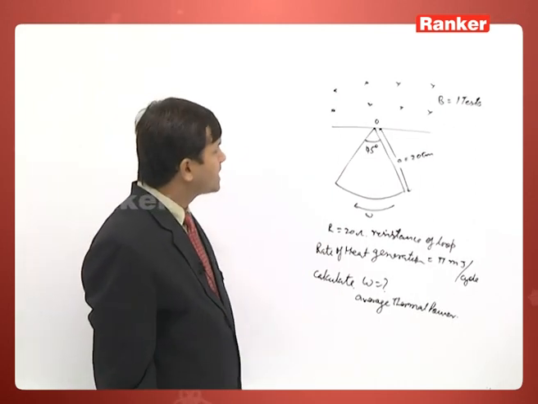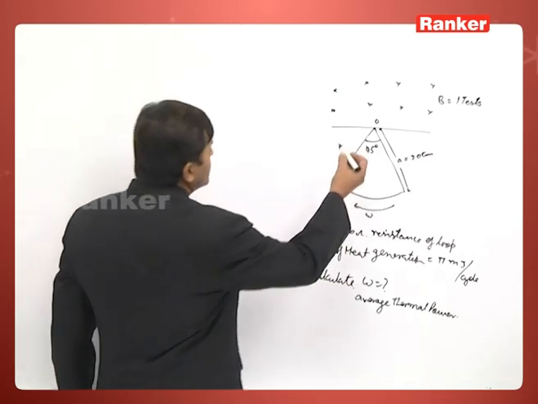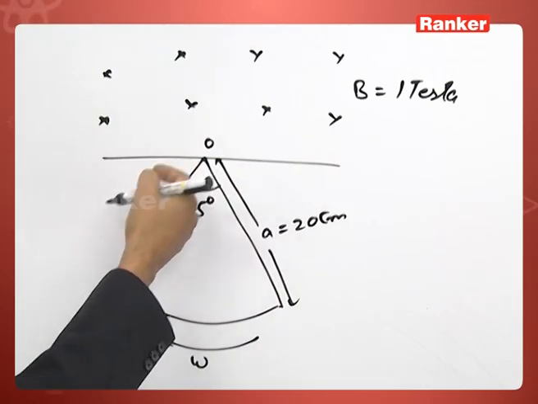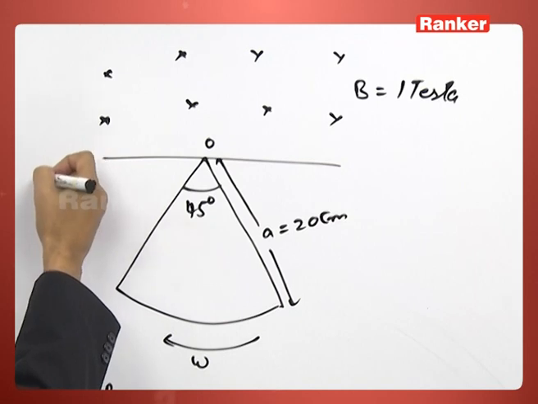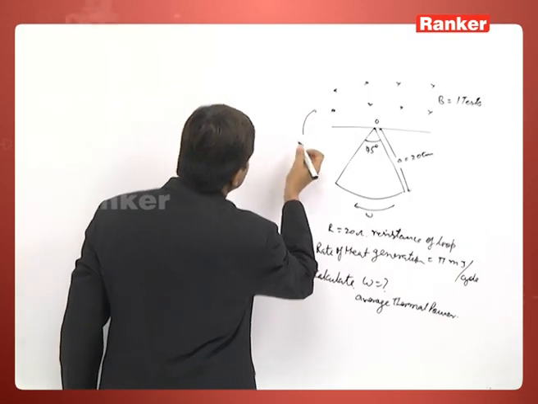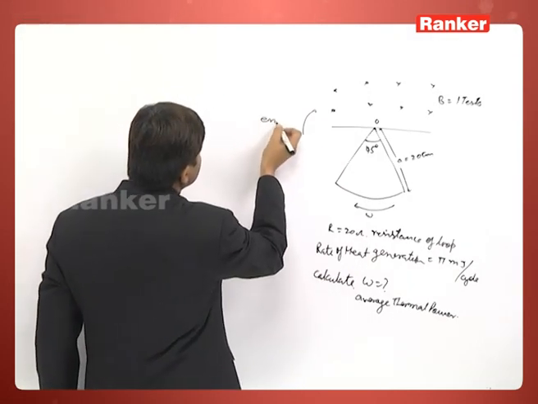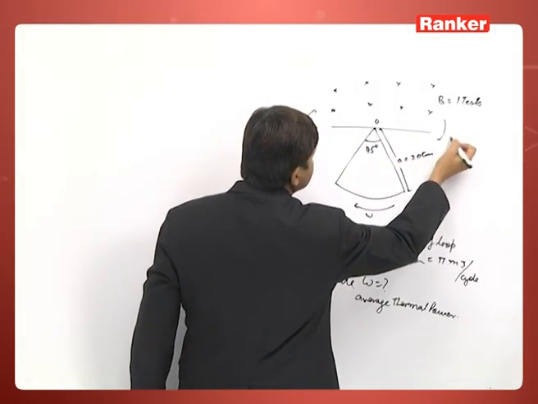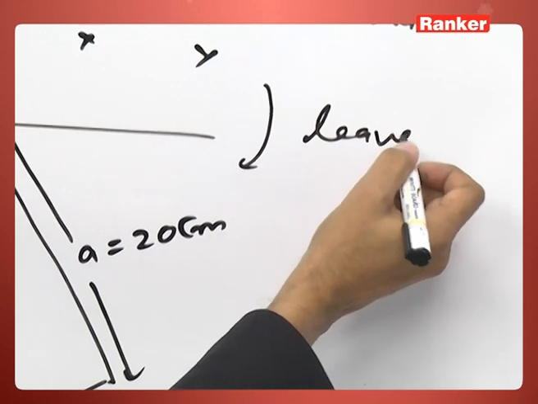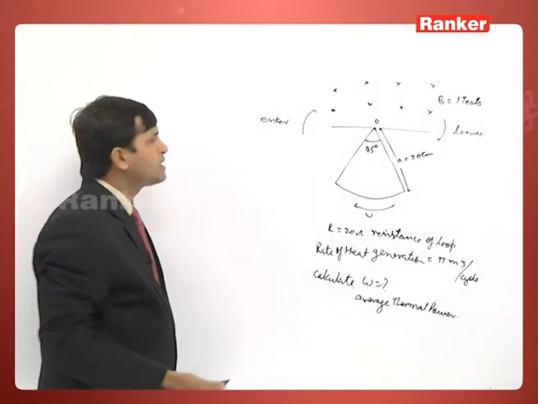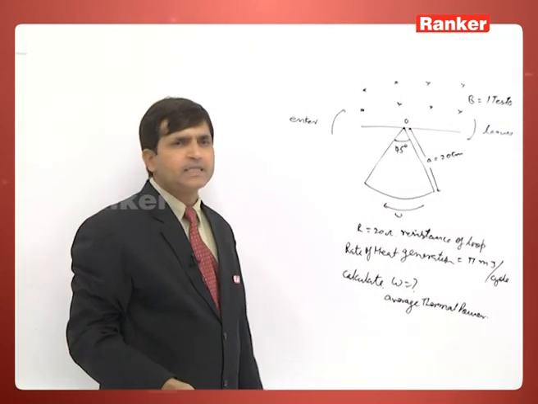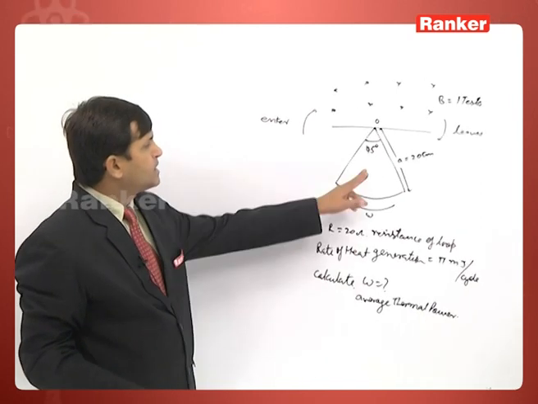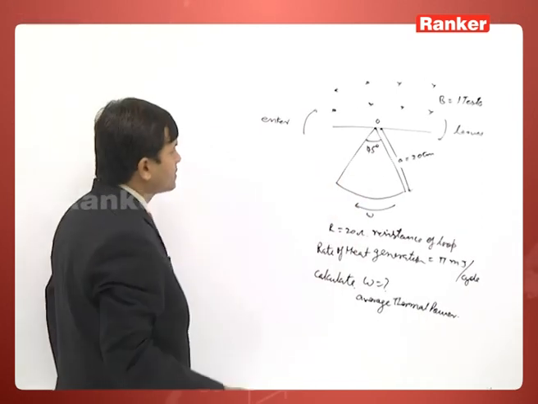So when the loop is just about to enter, and when the loop leaves the magnetic field, only at that time will heat be generated.